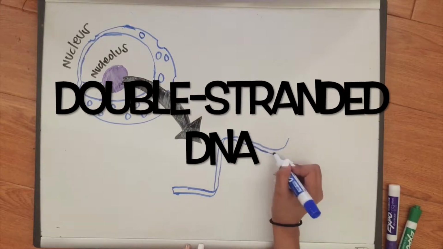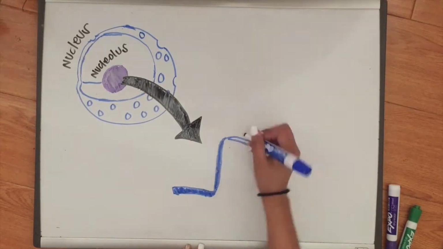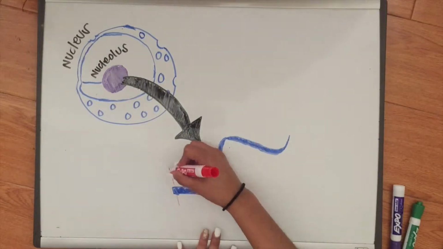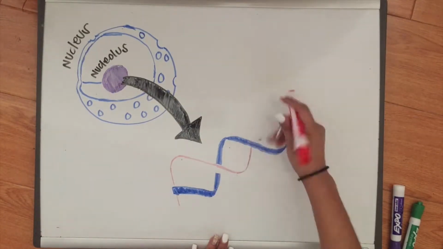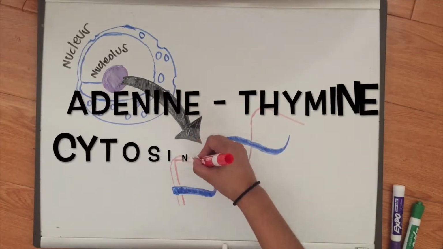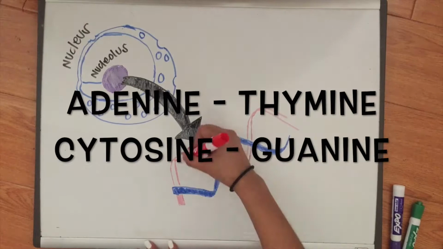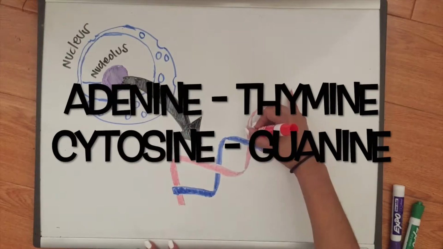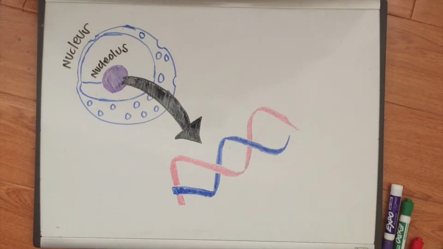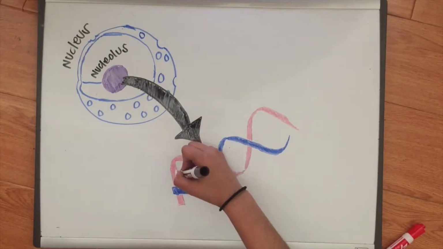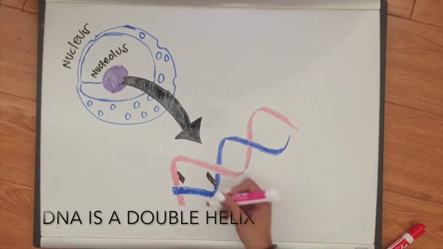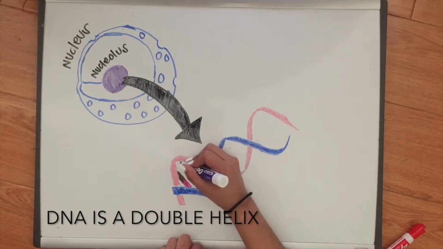The DNA is made up of combinations of 4 nucleotide bases, which are adenine, cytosine, thymine, and guanine. Adenine pairs with thymine, while cytosine can only pair with guanine. A fun fact about DNA is that a human genome contains 3 billion base pairs of DNA, and DNA is shaped like a double helix. That's so cool, right?